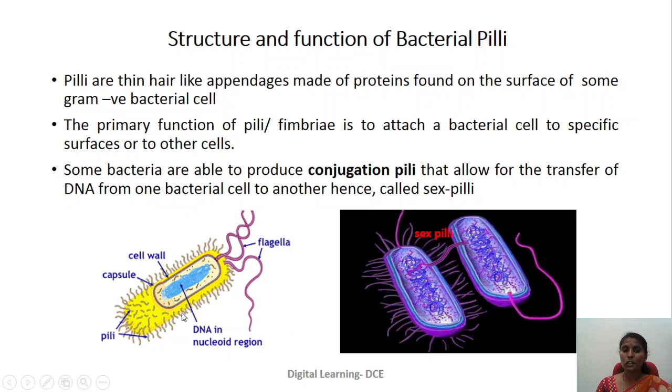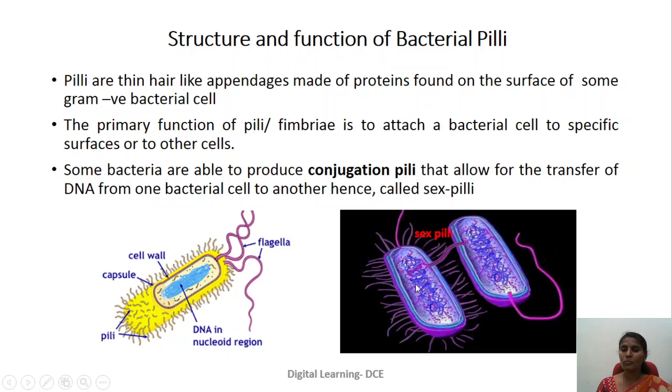Along with these small hair-like structures, in some cases of bacteria, special pili are formed during the process of conjugation. Those pili are referred to as conjugation pili or sex pili, since they allow the transfer of DNA from the donor bacterial cell to the recipient bacterial cell.